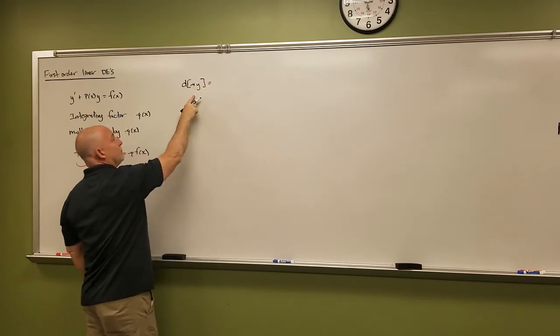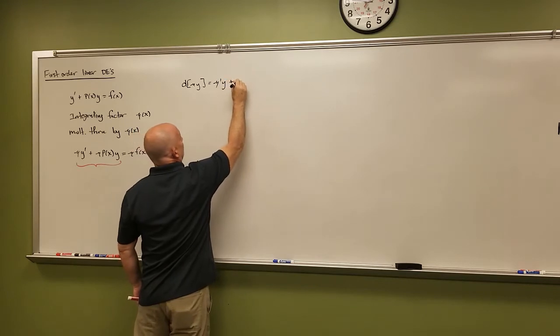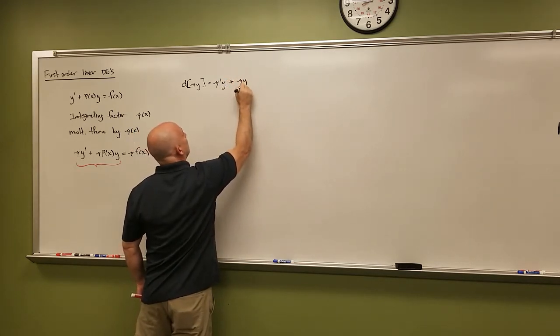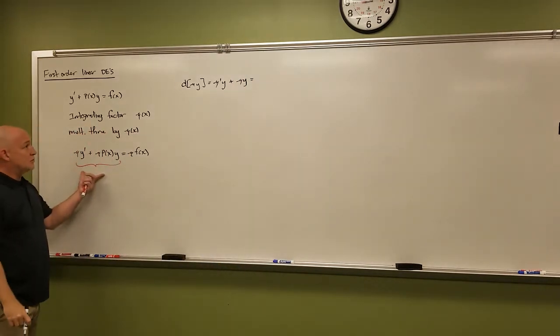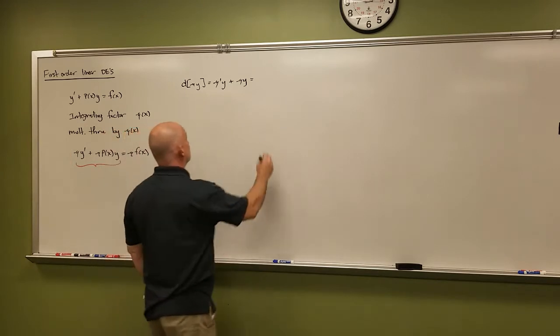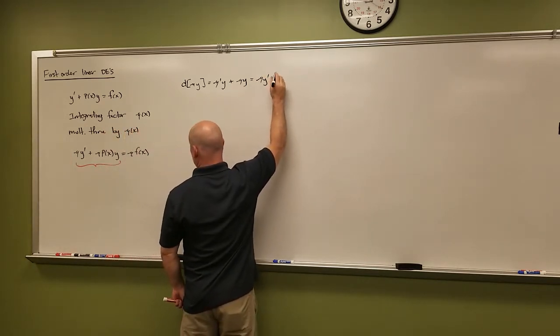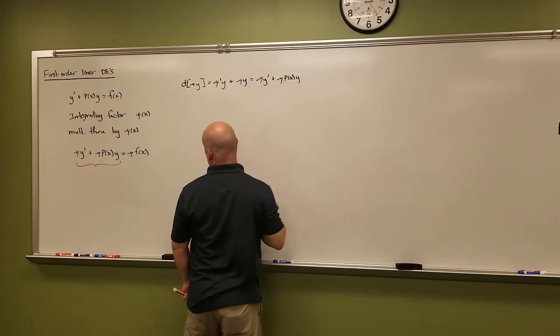So what would the derivative of that actually be? Well, that'd be mu prime y plus mu y prime. But what do we actually have over there right now? We have this piece, so we want that to be equal to mu y prime plus mu p of x y.